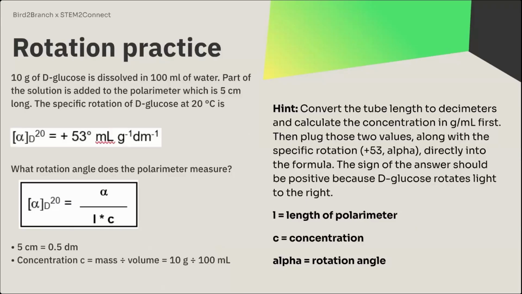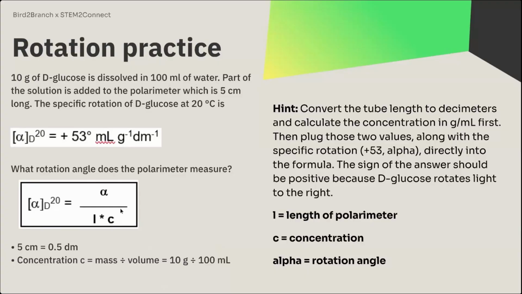Okay, awesome. So originally, I was going to have you guys do another problem with rotation: what rotation angle does the polarimeter measure if we have 53 milliliters of D-glucose, given a specific rotation of 53 degrees for D-glucose when there's 10 grams dissolved in 100 milliliters.